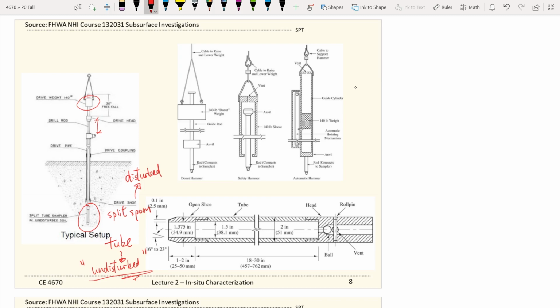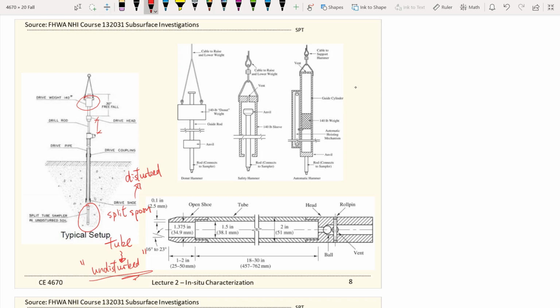Since you're penetrating the ground, you're disturbing the ground anyway, so nothing is perfectly undisturbed. But there's a difference between the disturbed approach and the tube type method to collect undisturbed samples. If you use the tube type of sampler, and if the contractor has done their job right, the samples that we retrieve are acceptable to conduct advanced triaxial tests to get more precise measurements of the soil strength.